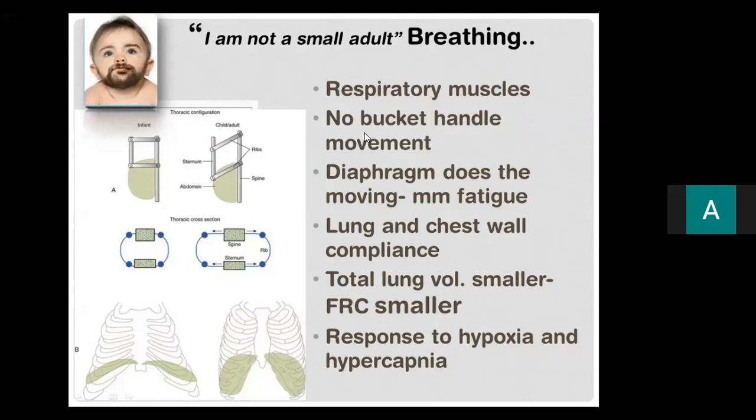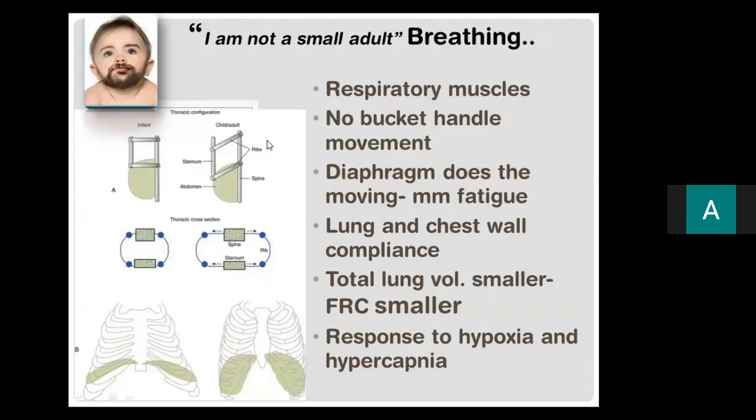Then one other thing about their breathing is that when you have hypoxia or hypercapnia in an adult or an older child, you're going to breathe much faster to try and compensate and take in more oxygen.